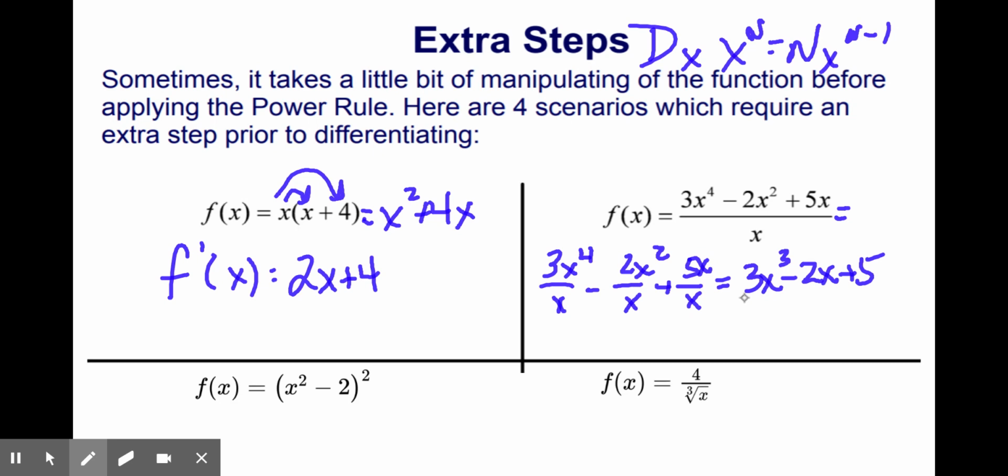Or what you could do, which some people do, is bring the x in the denominator to the numerator, make it x to the negative 1, and then distribute it to all three of these. You'll get the same thing either way. You'll get a new f of x, which is 3x cubed minus 2x plus 5.